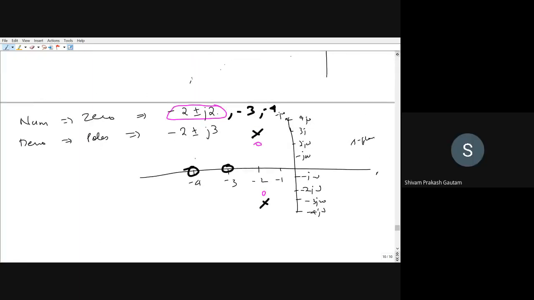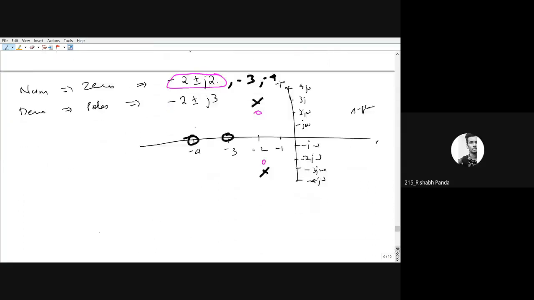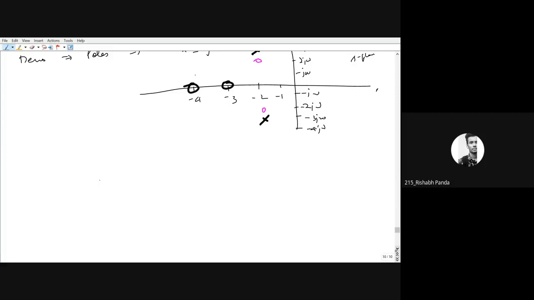Because the evaluator will never come to know otherwise. If you have represented 3 crosses, if it takes a little bit of space, then you can represent 3 dots, right? Like there are 2 zeros and 3 poles, you can represent it like this. Okay. Let me take another example.